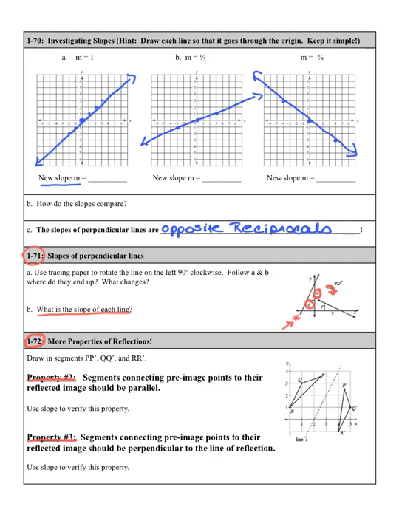What does that mean? Well, if I take P and P prime, a pre-image point and its image point, and I connect them with a segment, and if I do the same with Q and Q prime, another pre-image point and image point, and if I do the same with R and R prime, another pre-image point and image point, all 3 of those segments that I just drew in should be parallel to each other.